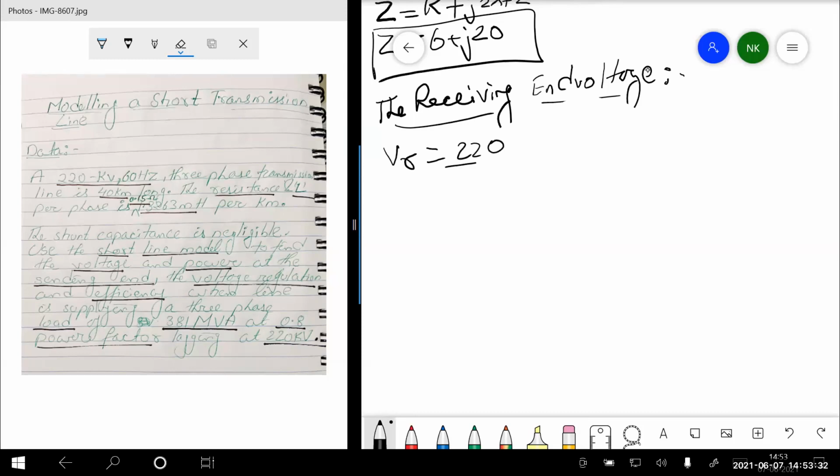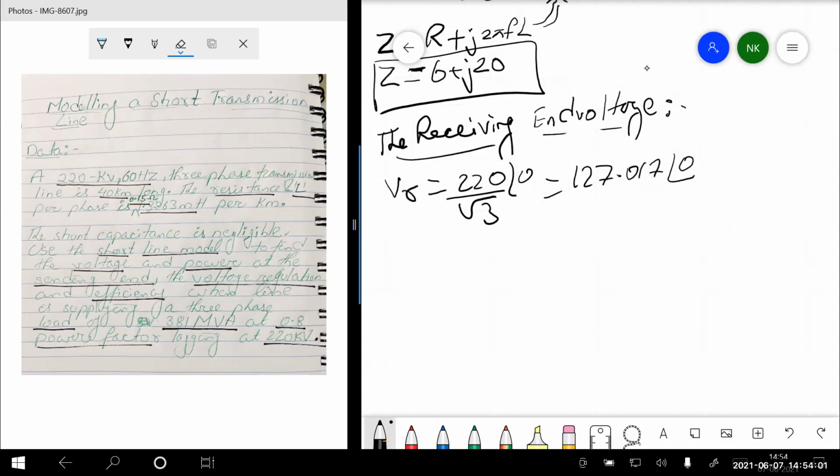So VR equals 220 by √3 angle 0, equals 127.017. The angle will be there, that will be 0.